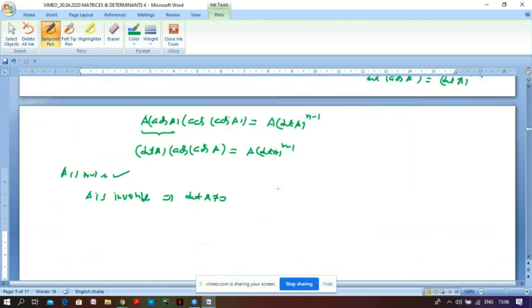Since det of A is not 0, you can cancel det of A from here, and you get adjoint of A is det of A to the power n minus 2 multiplied with A. So this is your result for this one: adjoint of A is det of A to the power n minus 2 times A.